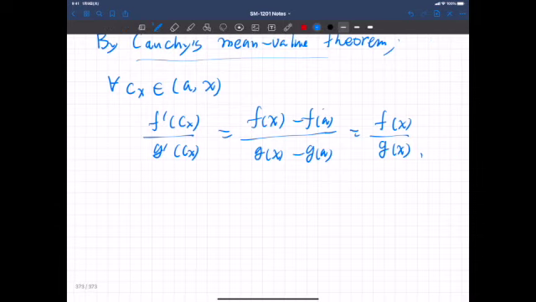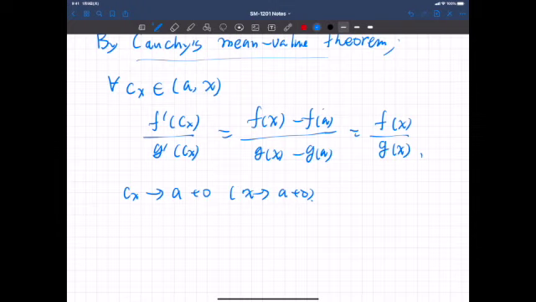And obviously, as x approaches a from the right, this value c x approaches a from the right.